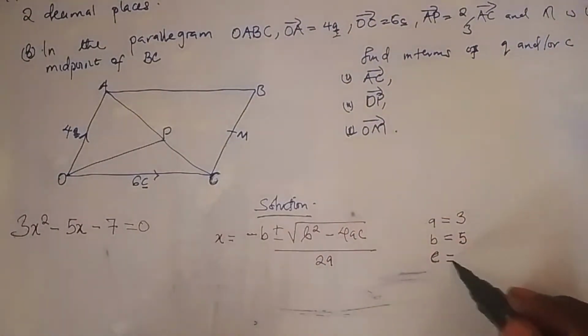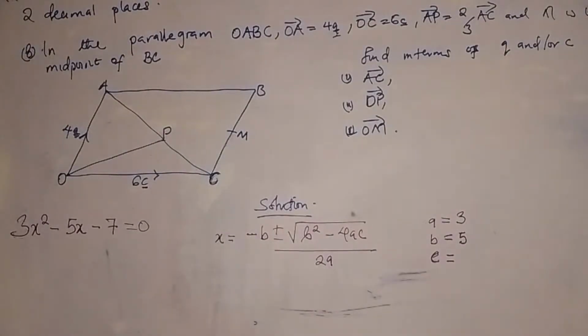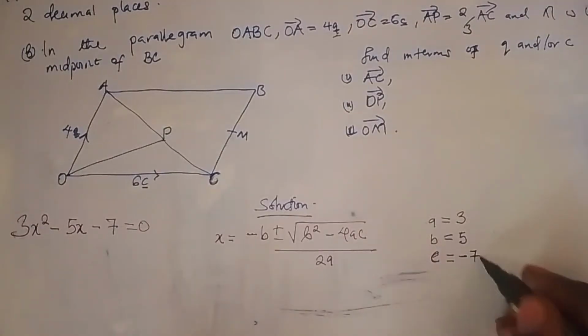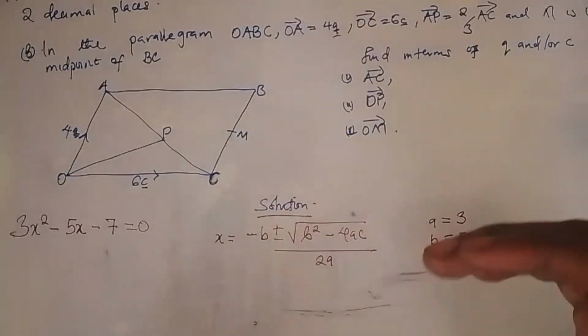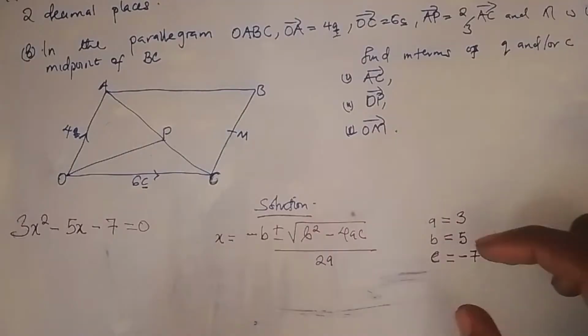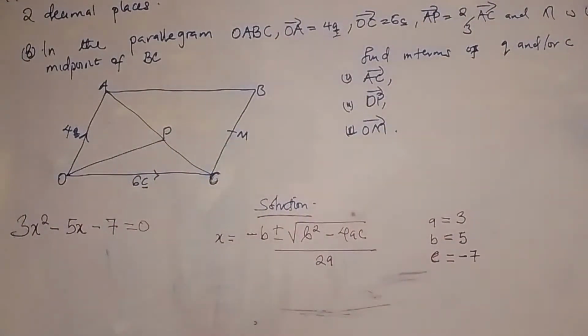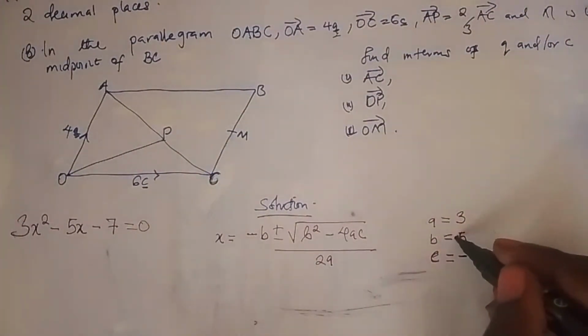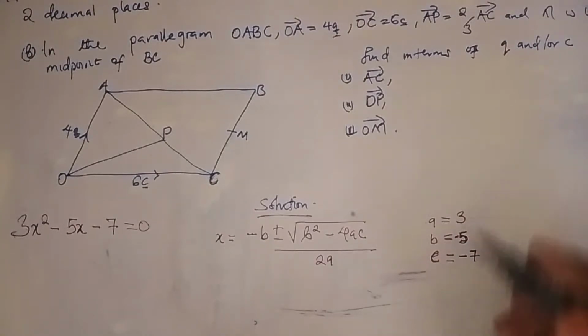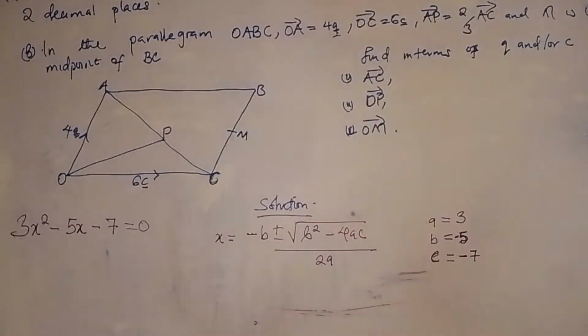Then moving on to C. So C is a number which has no letter, so in our case it's negative 7. And sorry, when we identify B, don't forget the negative sign. So these are the values.